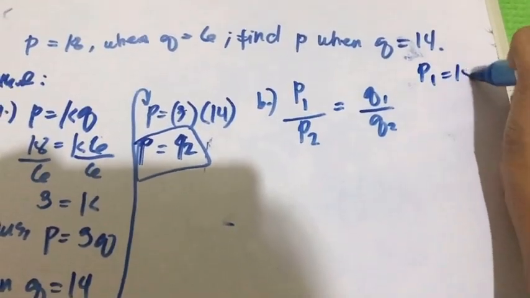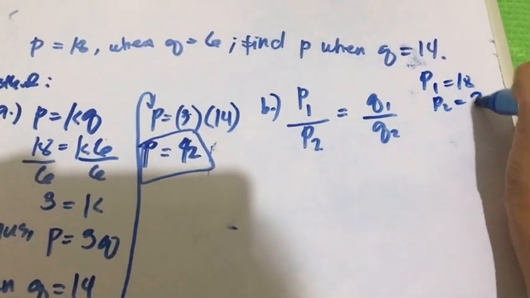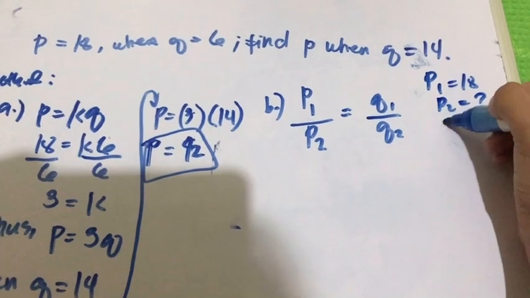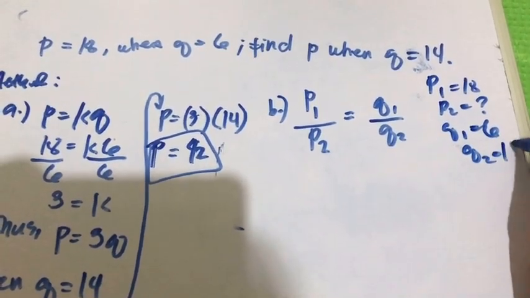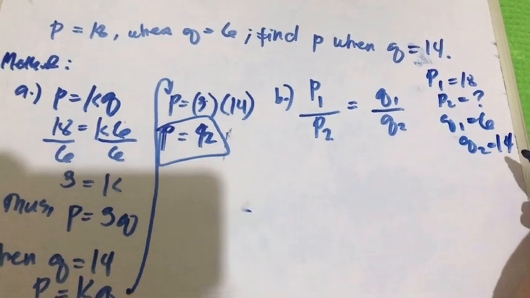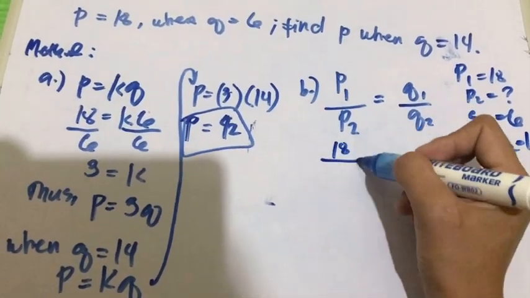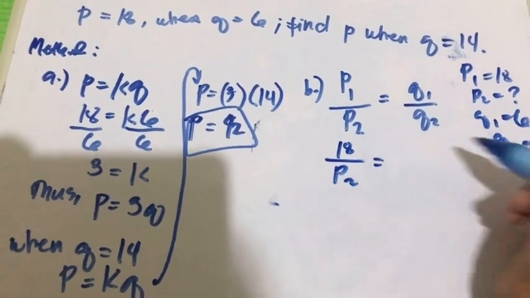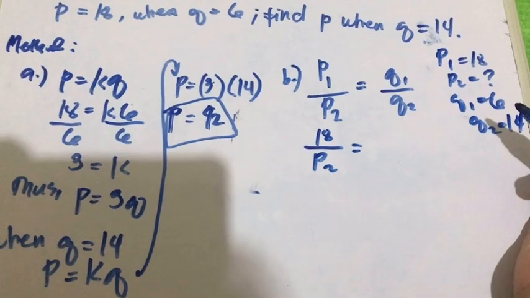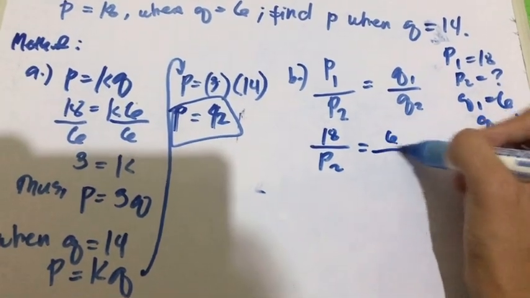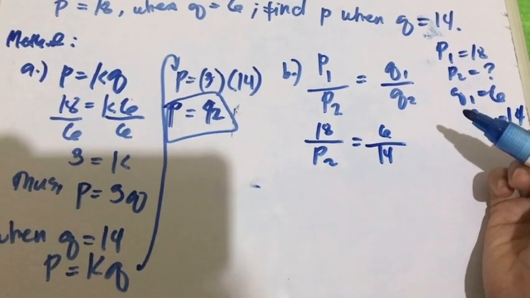P sub 1 is 18. P sub 2, this is still unknown. Q sub 1, this is 6, and Q sub 2, this is 14. Now, substitute. P sub 1, we have 18, P sub 2. Okay, Q sub 1, that is 6 over Q sub 2, we have here 14.